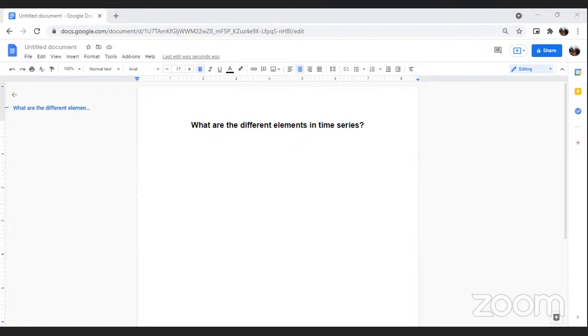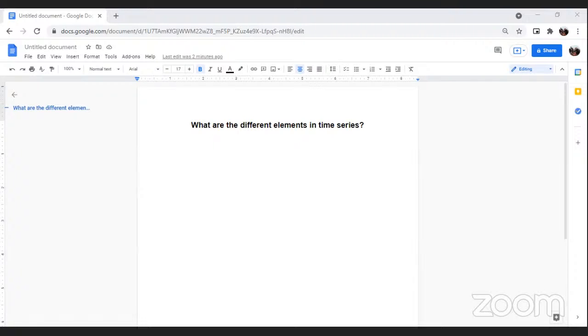So basically, a few of the components could be trend, seasonality, seasonal variations, cyclic variations, and random or irregular movements. So let's deep dive into them.